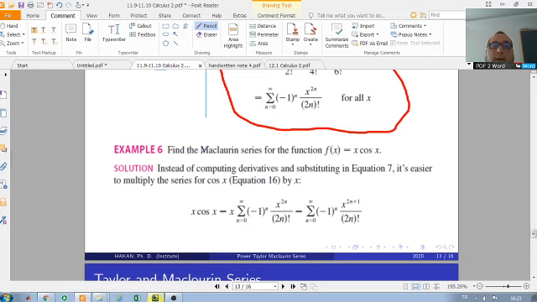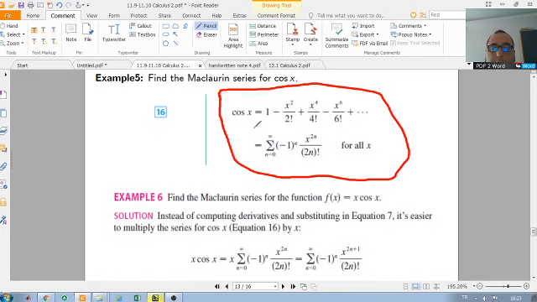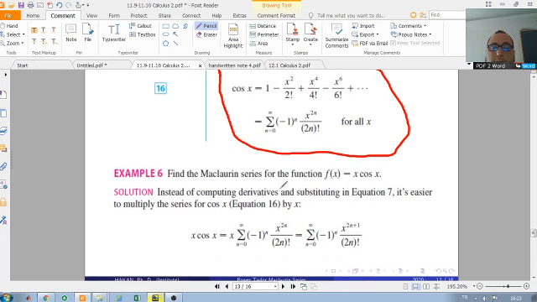So let's find the Maclaurin series for the function x times cosine x. So we know already the Maclaurin series for cosine x. Therefore, just writing its Maclaurin series for the function f using this equality, we can find easily its Maclaurin series for x times cosine x.